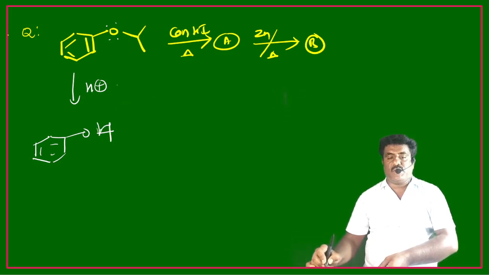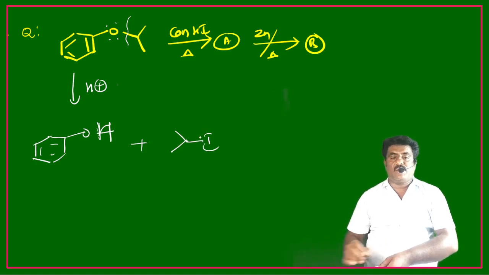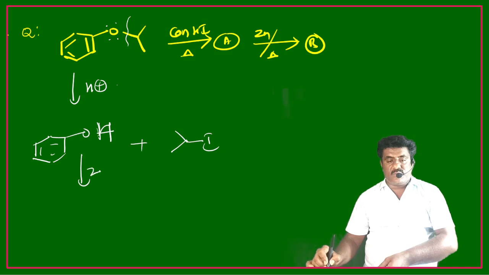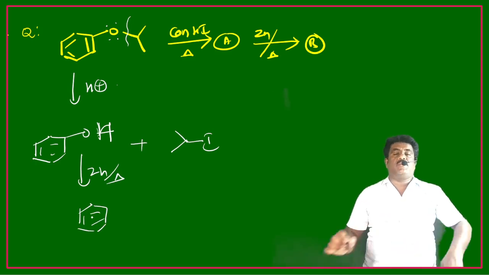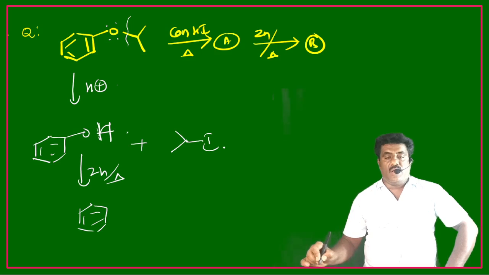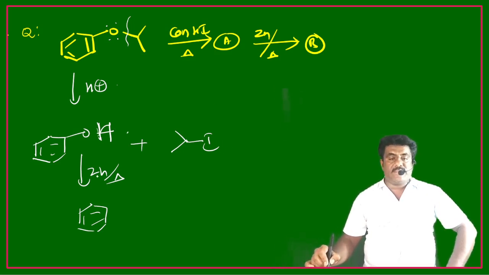OH, phenol. Okay. And what is the next to form? This is the iodide. So in presence of zinc, heated, what happened? It forms benzene, from the phenol and halide. It is treated with zinc, heating, to form benzene.